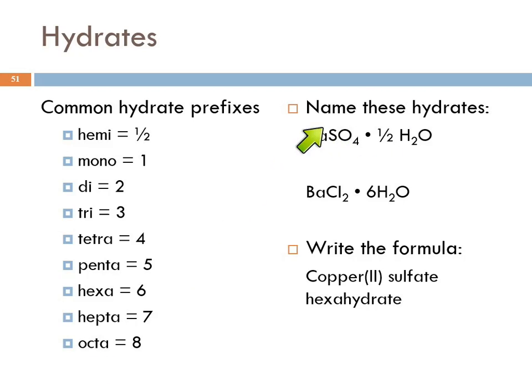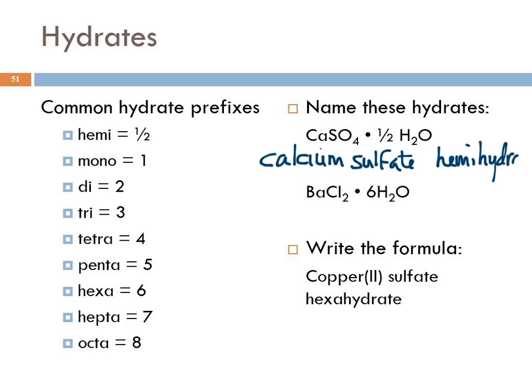So let's name these hydrates. What's this guy? CaSO4·1/2H2O. Calcium sulfate hemihydrate. So calcium sulfate doesn't need a Roman numeral. And then this is hemi for half, hydrate. How about this guy?